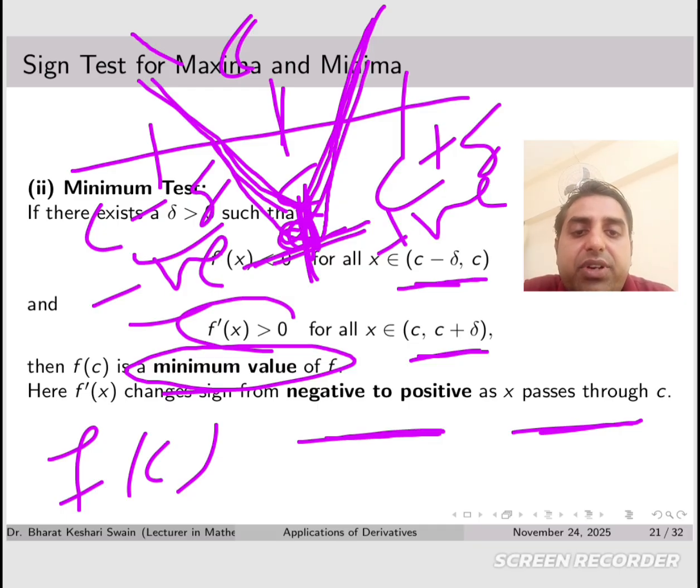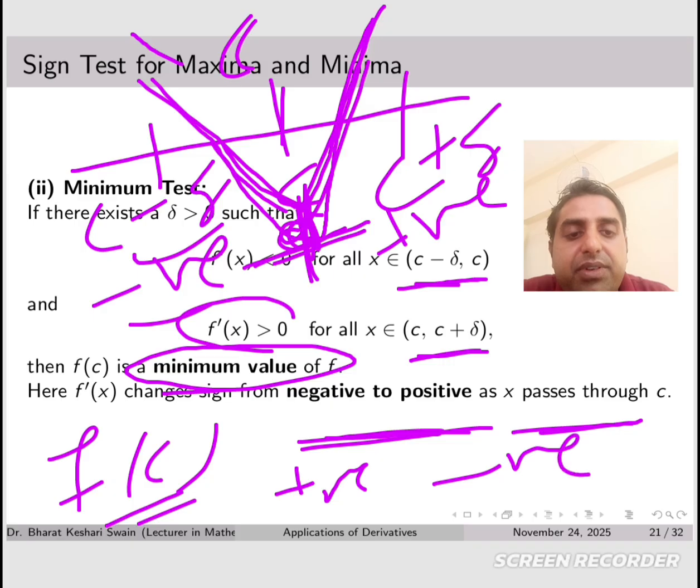So at that point, the function value will be minimum, and the minimum value is f of C. Okay, so just remember, for the minimum value, f dash x changes its sign from negative to positive, and for the maximum value, f dash x changes its sign from positive to negative.